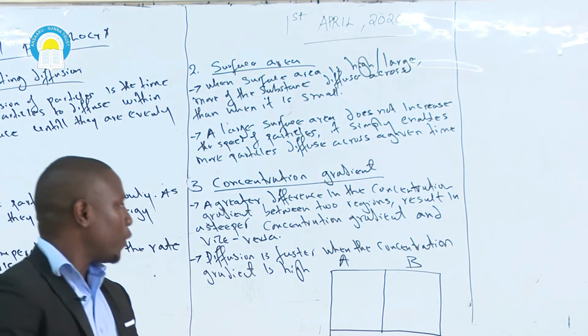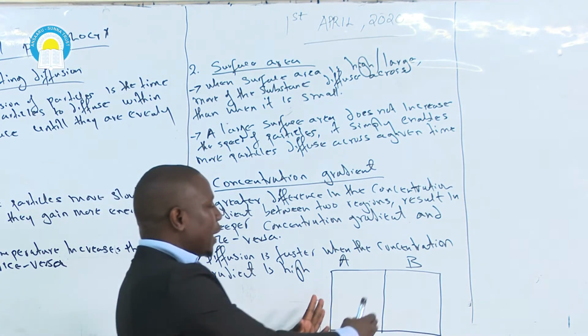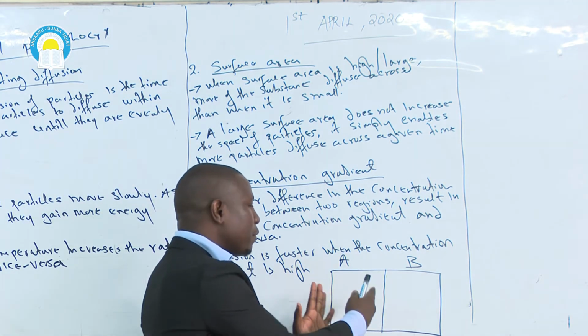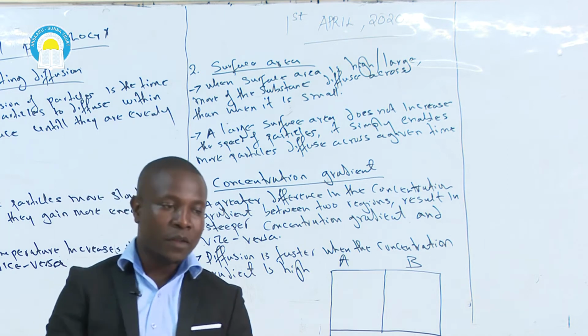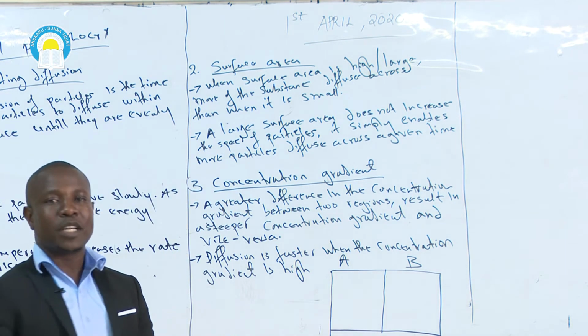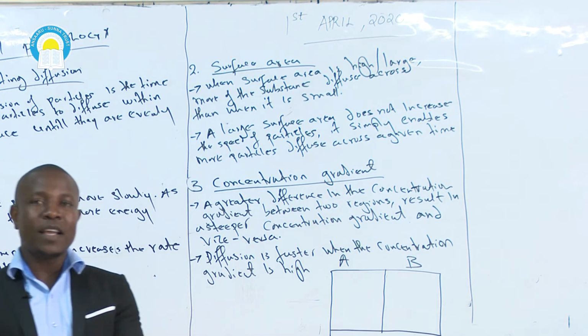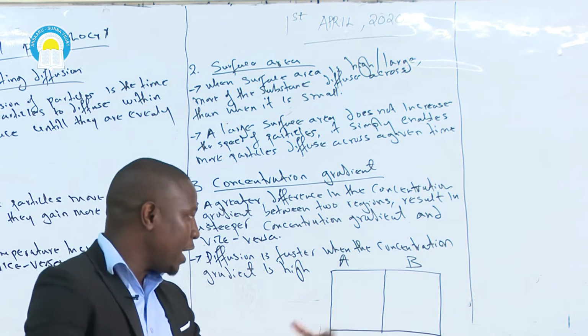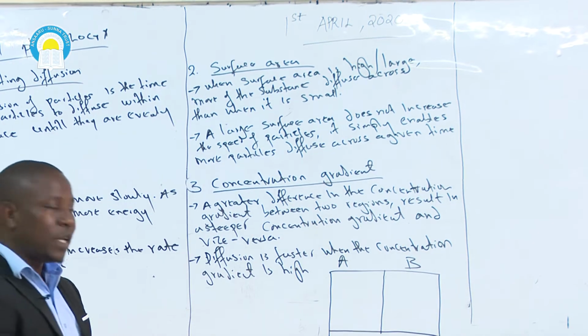When the two sides have the same concentration, the solution is said to be isotonic and diffusion is not going to take place. So there must be one side highly concentrated and the other side lowly concentrated.